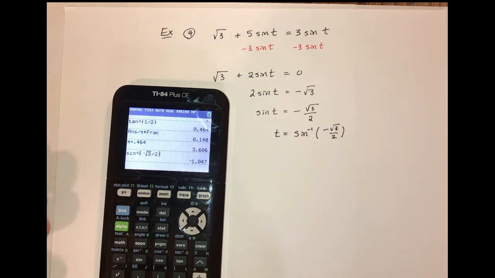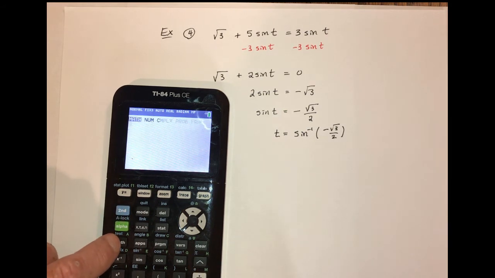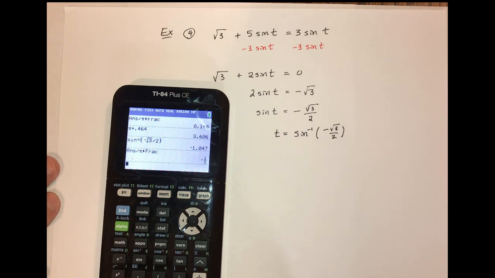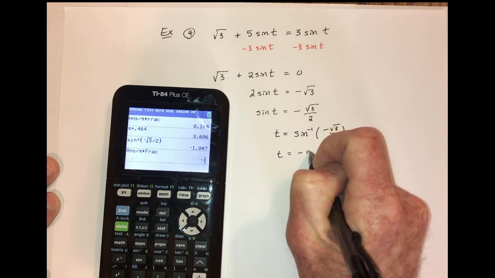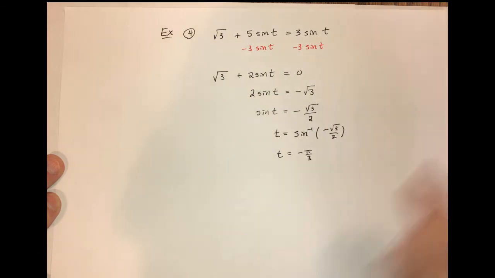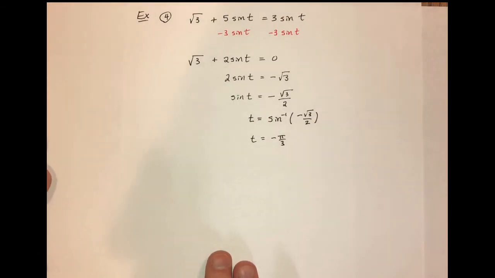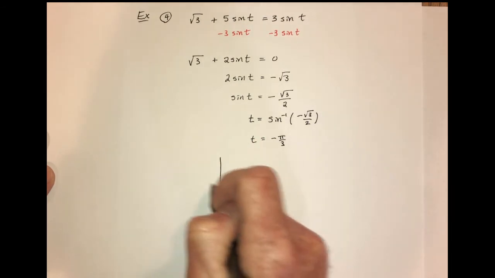And then to see if that is pi over something, divide it by pi and change that to a fraction. So it turns out that it's negative pi over 3. But we're supposed to find all the answers from 0 to 2 pi.